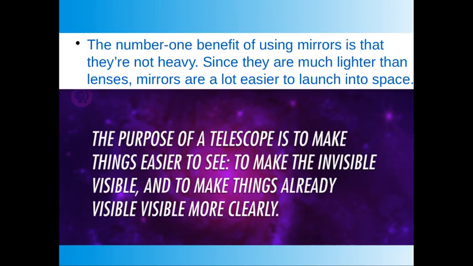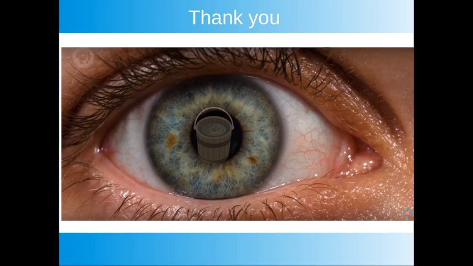Okay. So what did we study here about the telescope? The purpose of a telescope is to make things easier to see, to make the invisible visible, and to make things already visible more clearly, just like our eye does. There is a small sort of lens in our eye too, isn't it? But it cannot gather all the light coming from stars or galaxies.